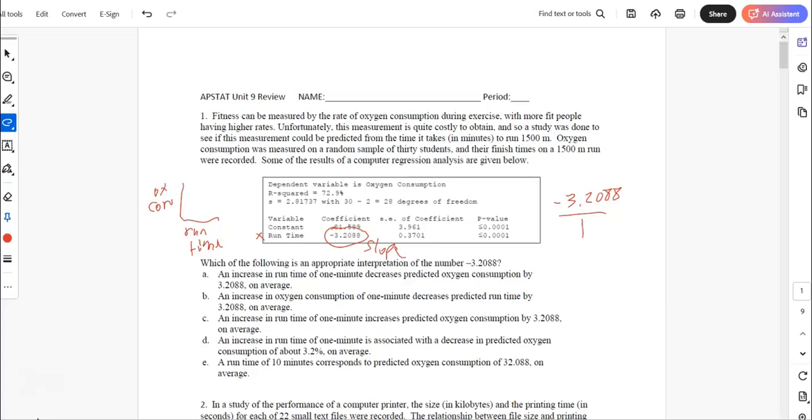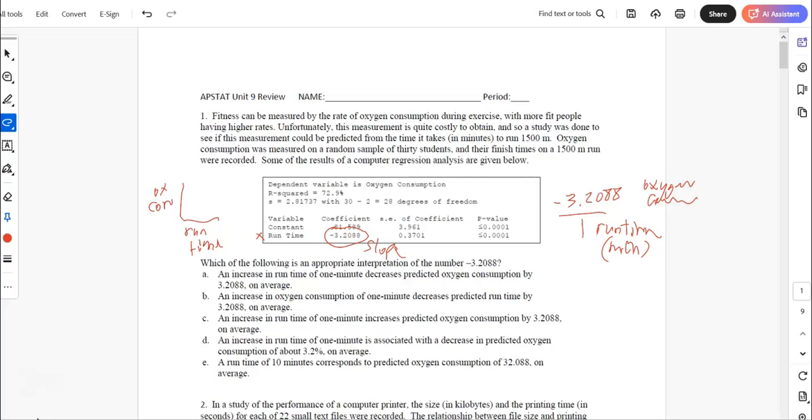Okay, so runtime, I didn't look for what the unit is, runtime in minutes. And then this is oxygen consumption measured in, I don't know what it's measured in.